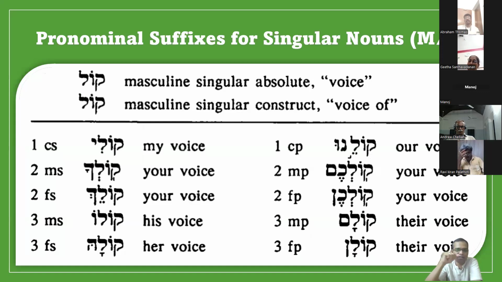Let me quickly say that it will be susi, suseka, susek, suso, susa, susenu, suseken, suseken, susam, susan. So you have to write it down. Sus is masculine singular. Then you also need to add susa, susim, susot. At the end I will remind you.